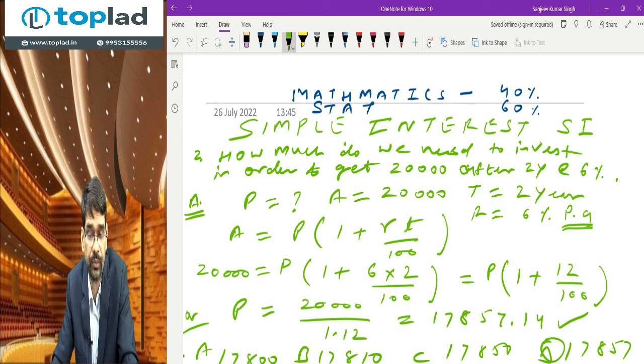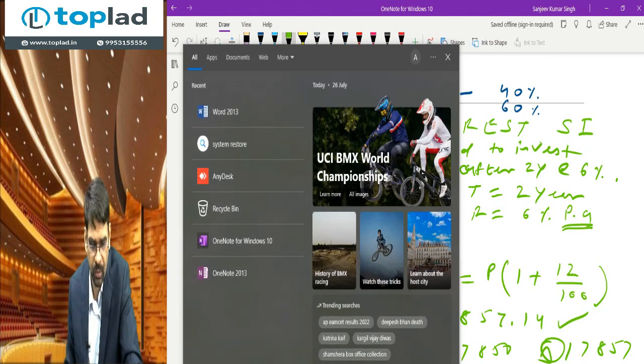Both are important. First of all, understand the concept and then remember the formula. Without understanding the concept, you cannot retain the formula for a very long time. For retaining the formula, it is very important to understand the concept behind it.